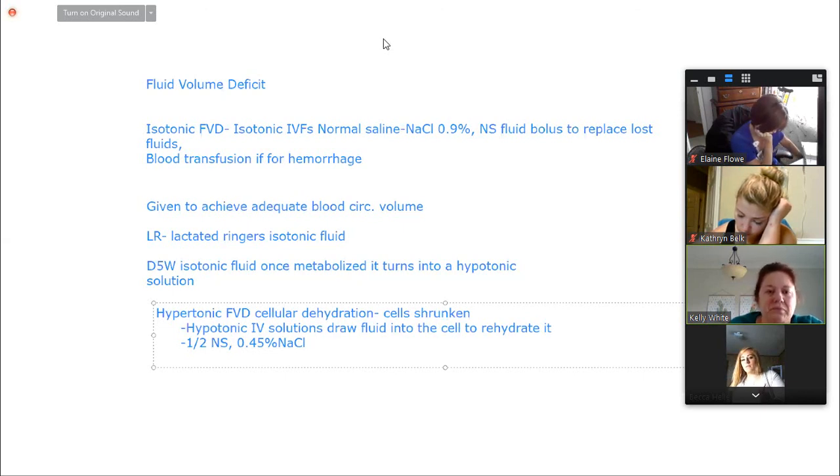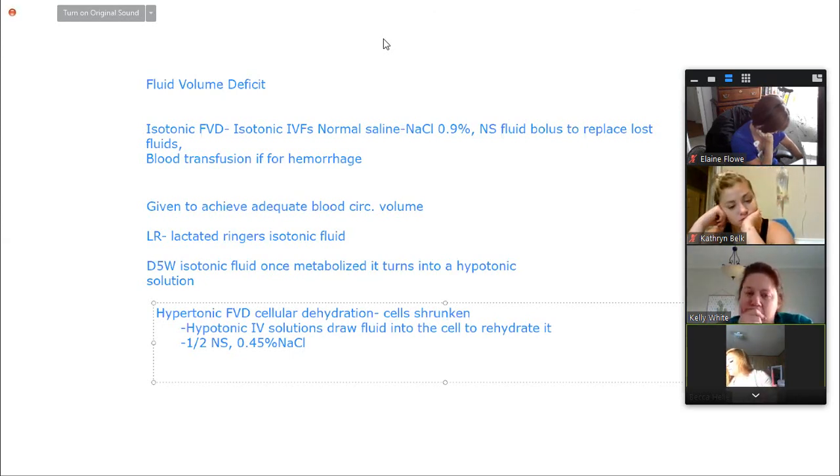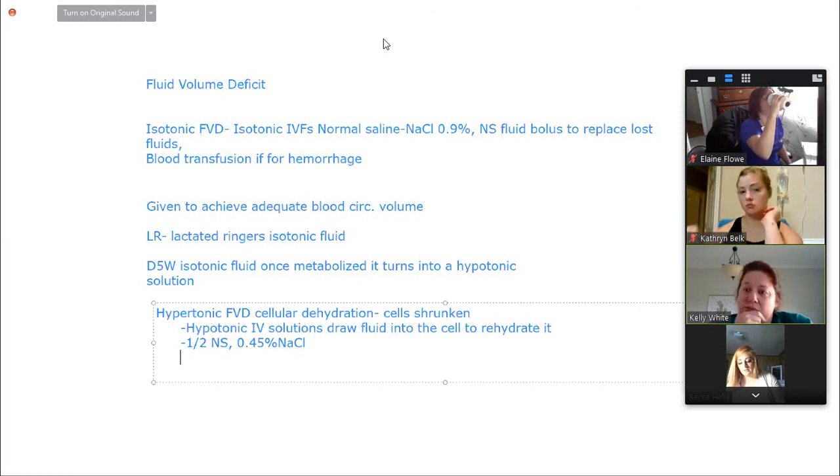Okay. Miss White? Yes. On this paper, it says it's sodium replacement, not for fluid replacement. So would you still give fluids like normal saline with the sodium or like PO fluids? Yeah, you can. If they're able to tolerate POs, you can give them PO fluids along with their IV fluids. Is that what you're asking?